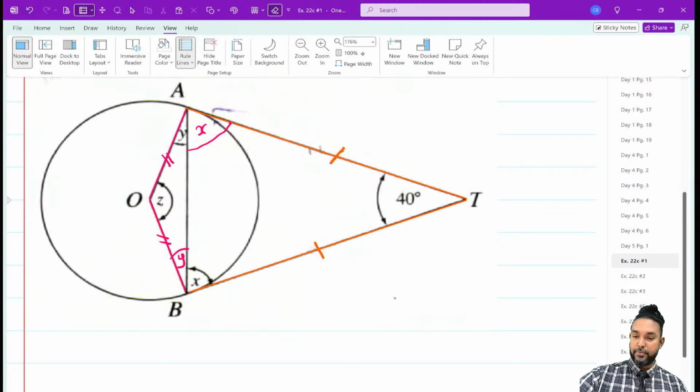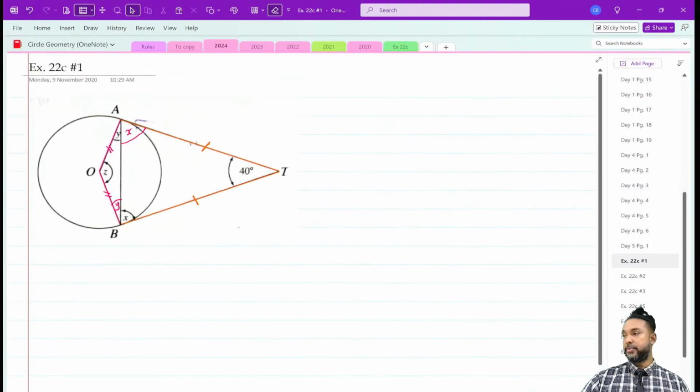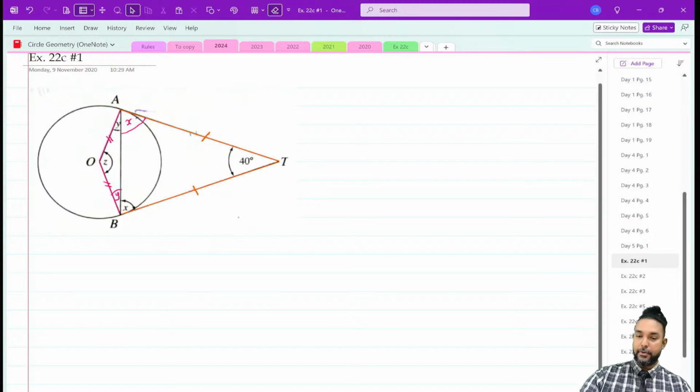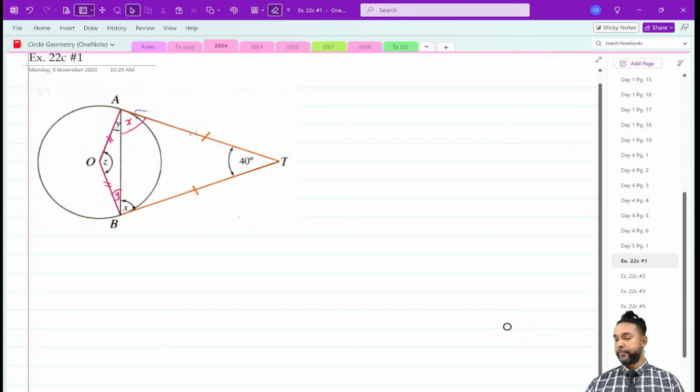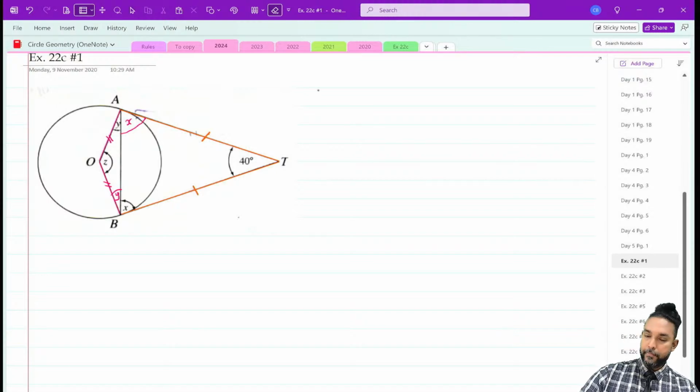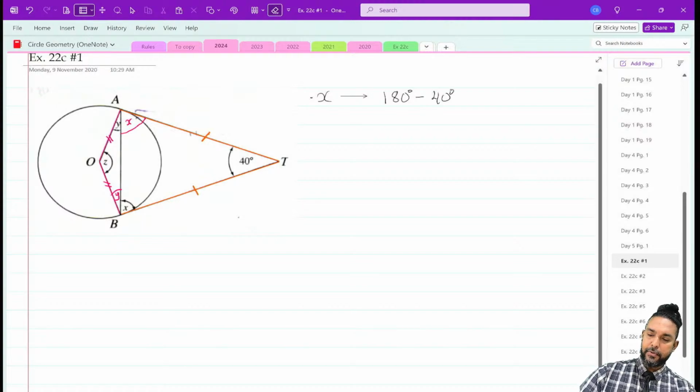All right, so let's zoom out a little bit. Let me start you off here, because to be fair, this really was an example. To find angle X, we do 180 minus 40 divided by 2.